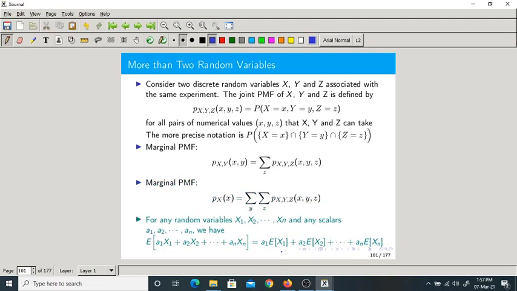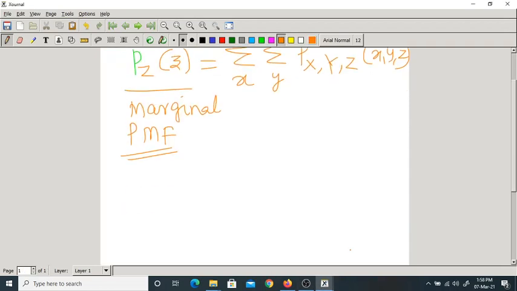This is very, very important. What we are saying here is that the expectation of a1x1 plus a2x2 and so on up to anxn equals a1 times the expectation of x1 plus so on. Here x1, x2, xn are random variables, and a1, a2, an are constants or scalars. This is very, very important, you must know.